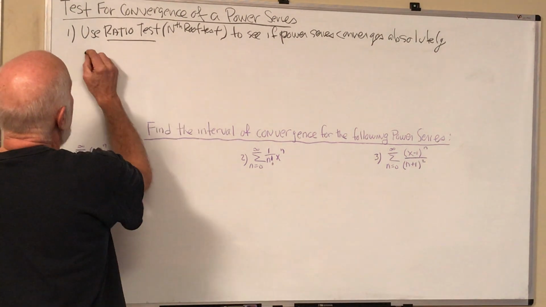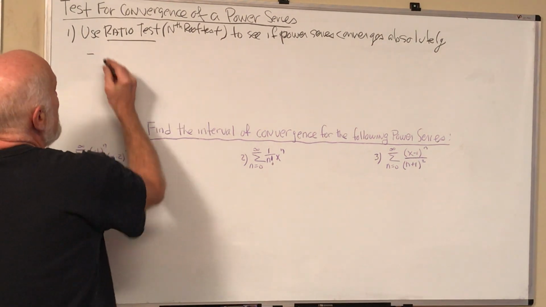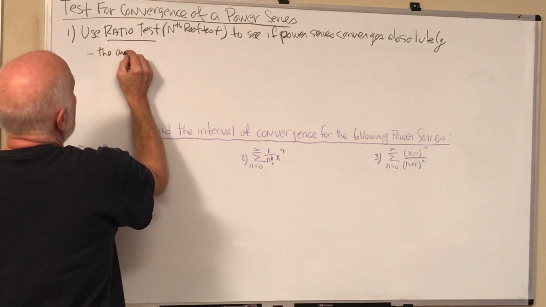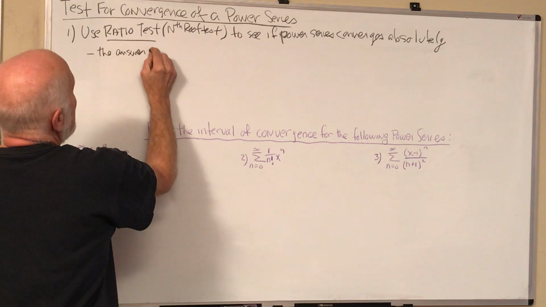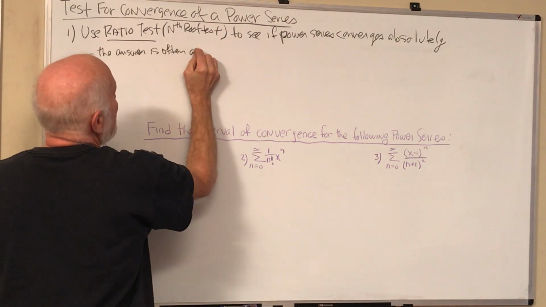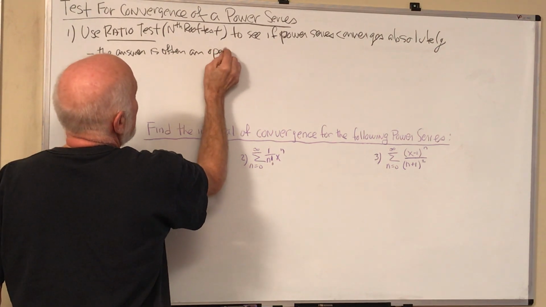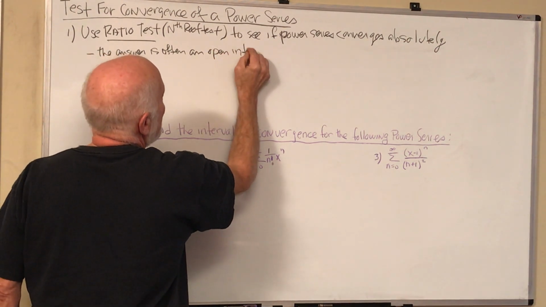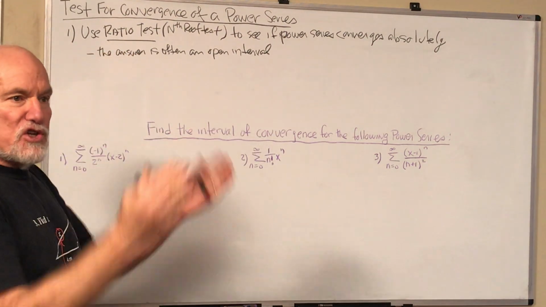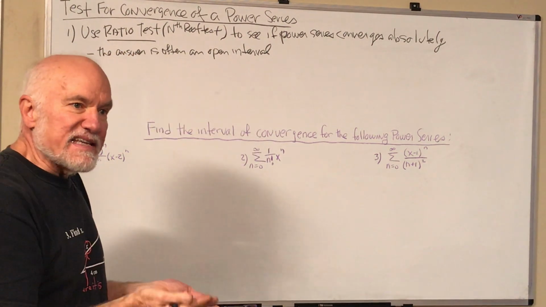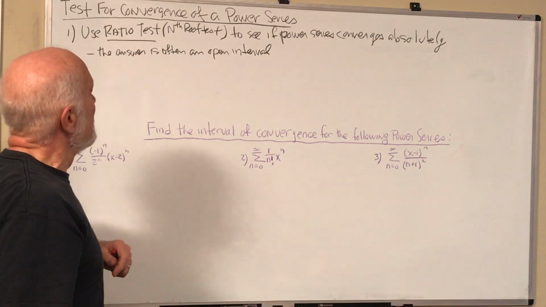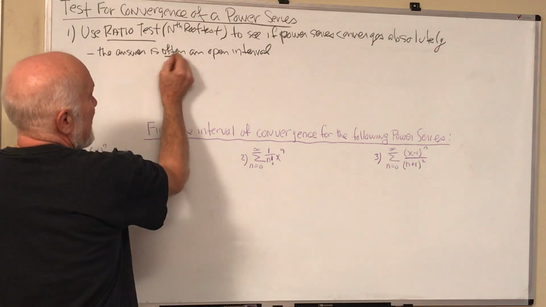And what you're going to find out, and you'll see this in a couple of examples, is that the answer is often an open interval on the x-axis. So from 0 to 2, or from 1 to 8, not including the endpoints. It's an open interval. Often, it gets that.